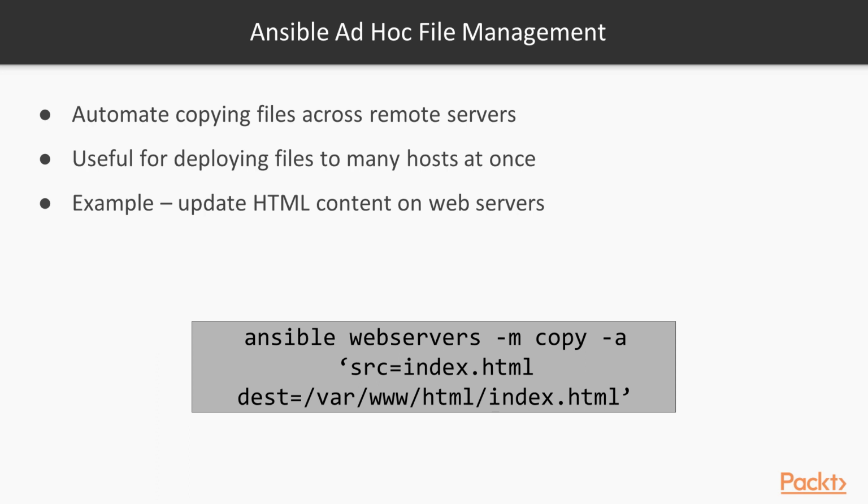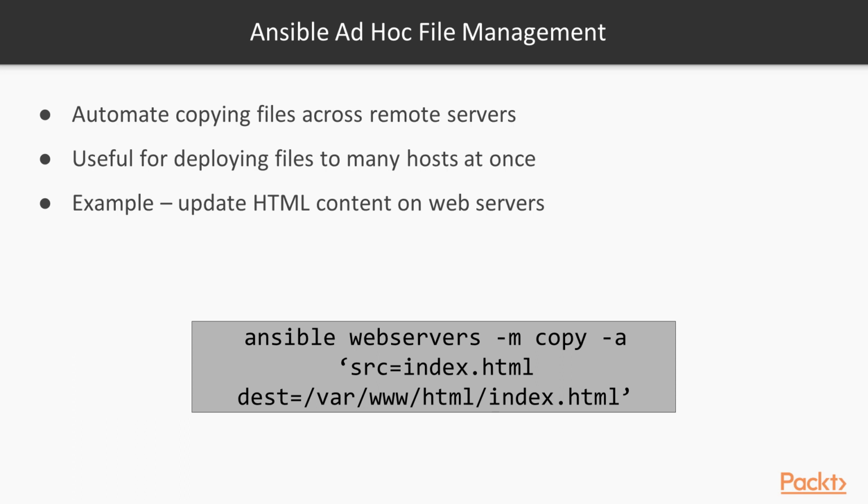But let's say we had a very fancy website already prepared that we wanted to just deploy on many servers at once. So Ansible, in an ad hoc fashion, has a copy module, which does just that. It will let you copy data locally to a certain destination on each respective host that you're administrating.